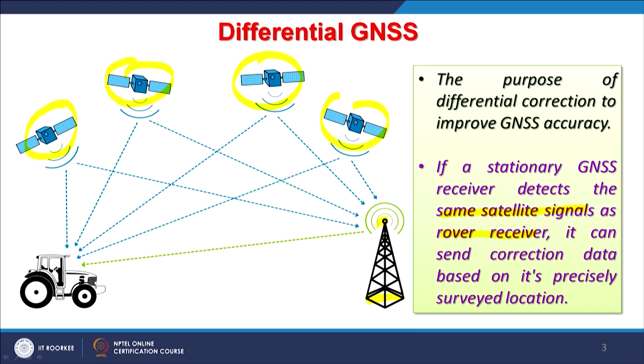This tower, which is shown as a base station, can transmit the data as shown here as a green line.